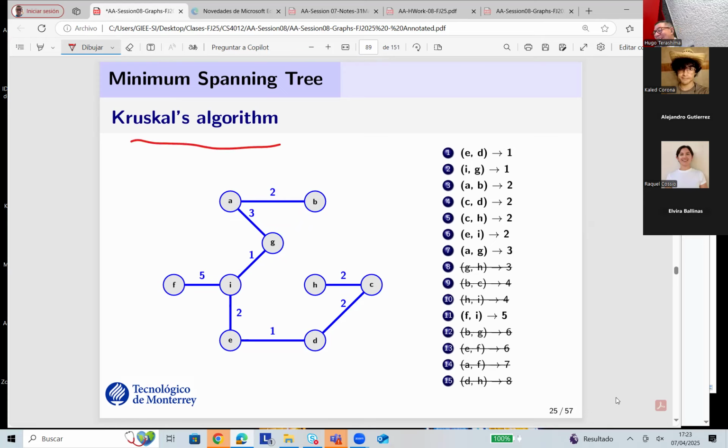It guarantees that you're going to find the minimum spanning tree. The reason is that you are going from smallest to largest, inserting the edges one by one. It's a kind of greedy algorithm, because it's choosing the minimum every time. And at the end, you're going to have the minimum spanning tree, right?